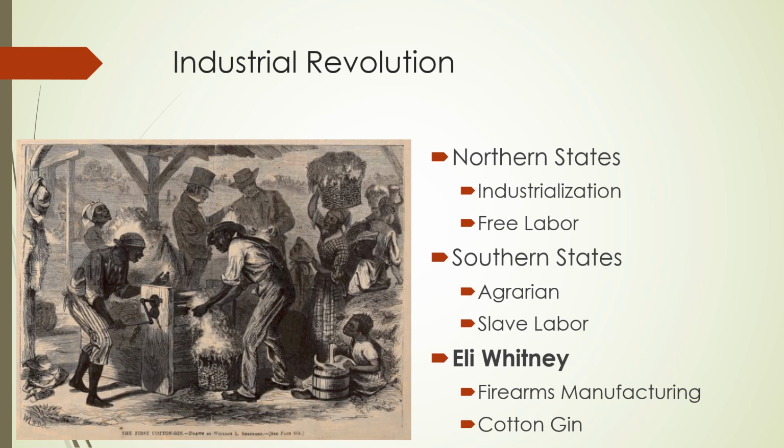Okay? So now the northern states have industrialized. They have factories that can turn this cotton into thread and fabric. So the North is going to have a demand for cotton. The South now has fields that can grow the inferior cotton and still make money. So they have a demand to grow cotton.